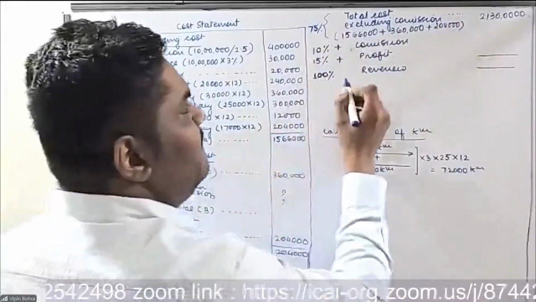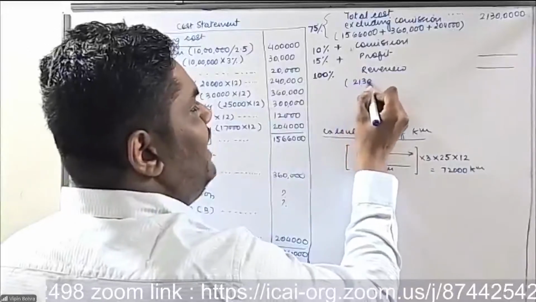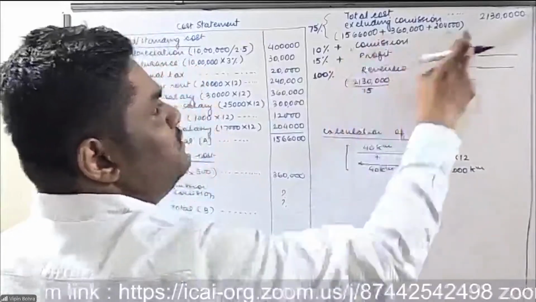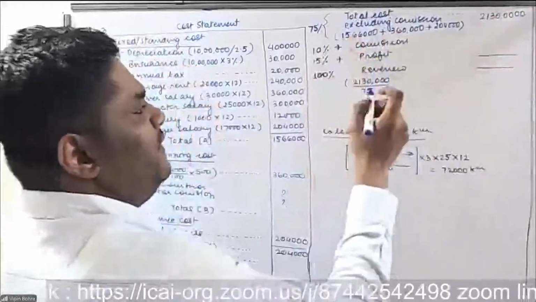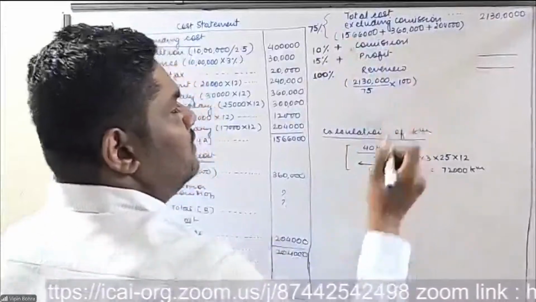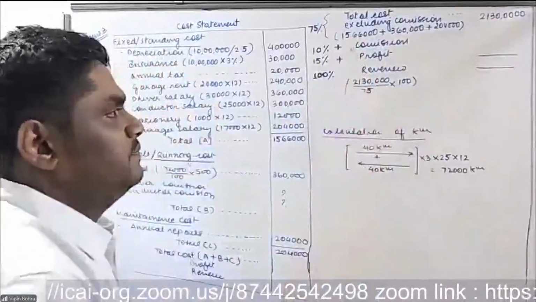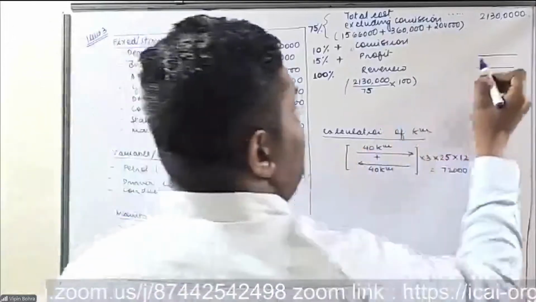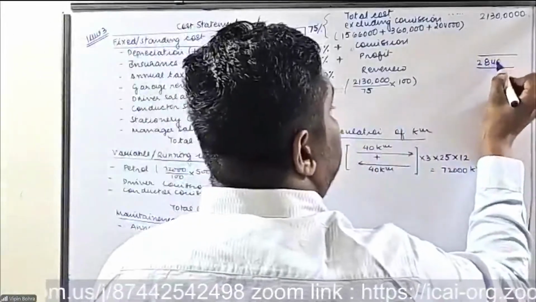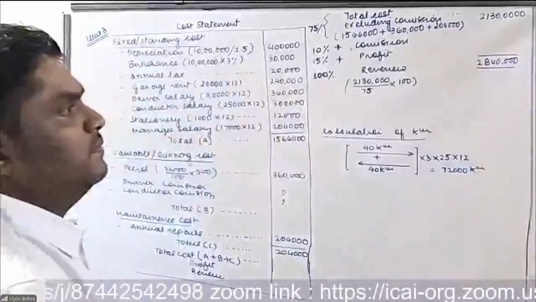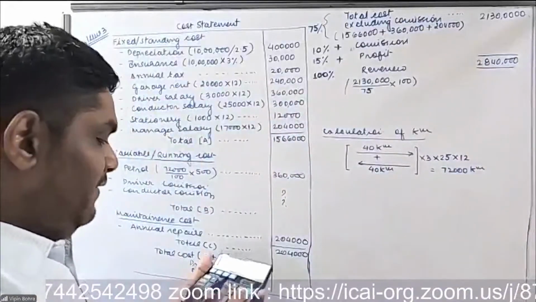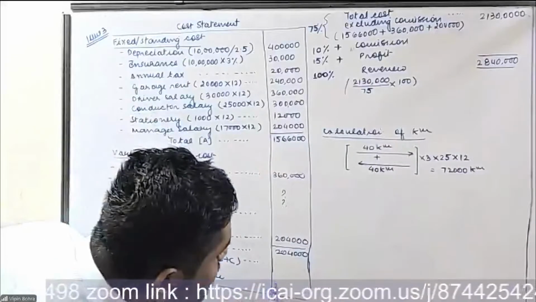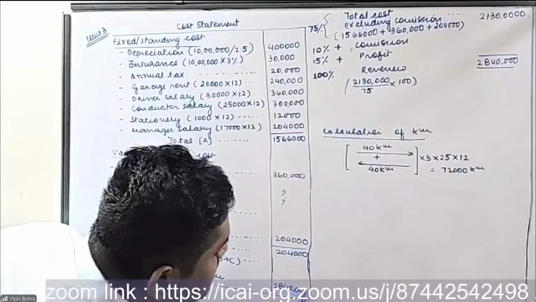So therefore my total revenue will be how much? 21,30,000 is equals to 75. So how much will be 100? So the total revenue will be 28,40,000.